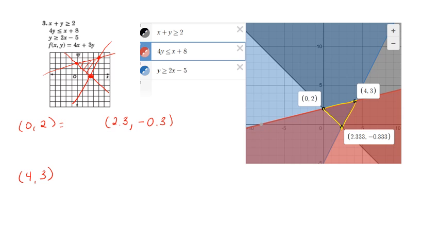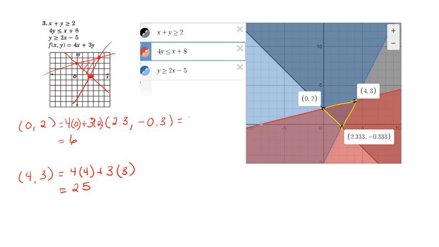I'm going to substitute into my function, which is 4 times x plus 3 times y. So in our case, it's (0, 2). 0 plus 3 times 2 is 6. So 0 plus 6 is 6. Do 4 times 4 plus 3 times 3. So 16 plus 9 is 25.